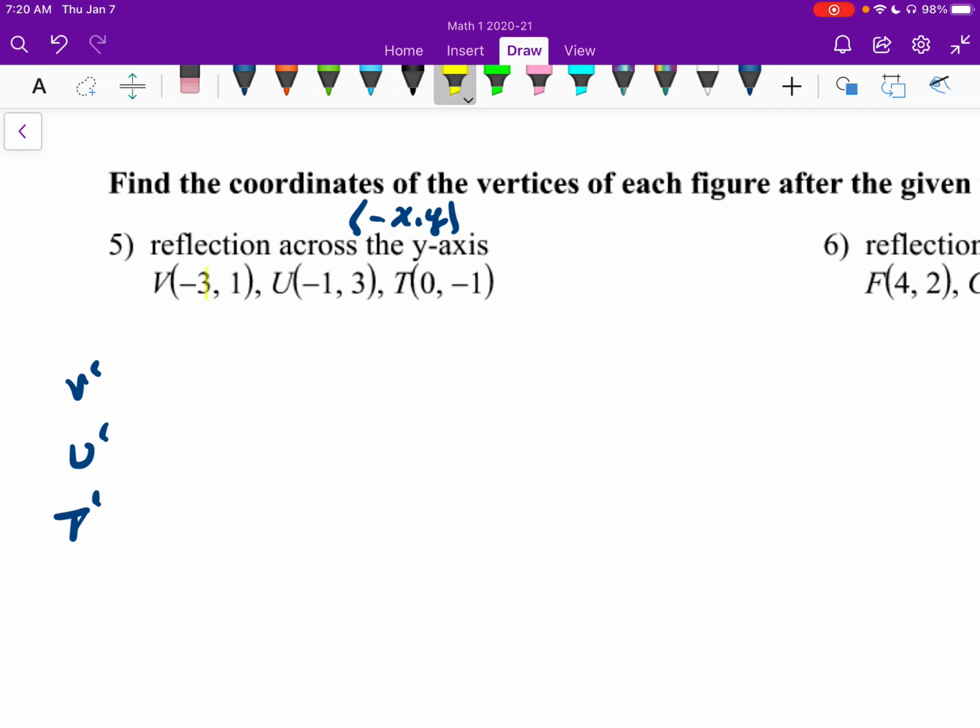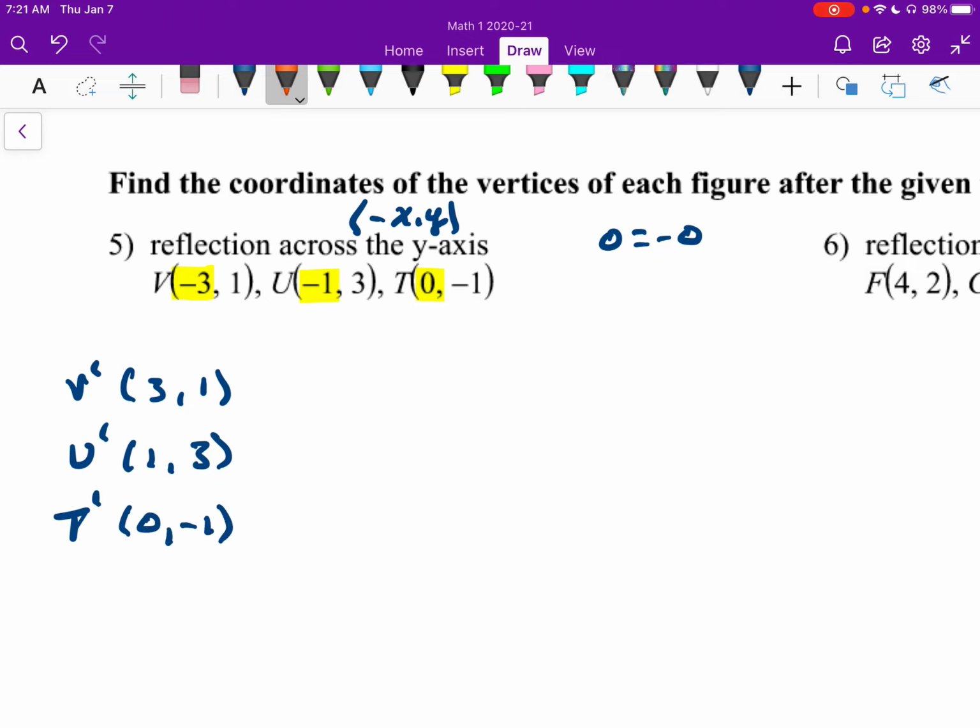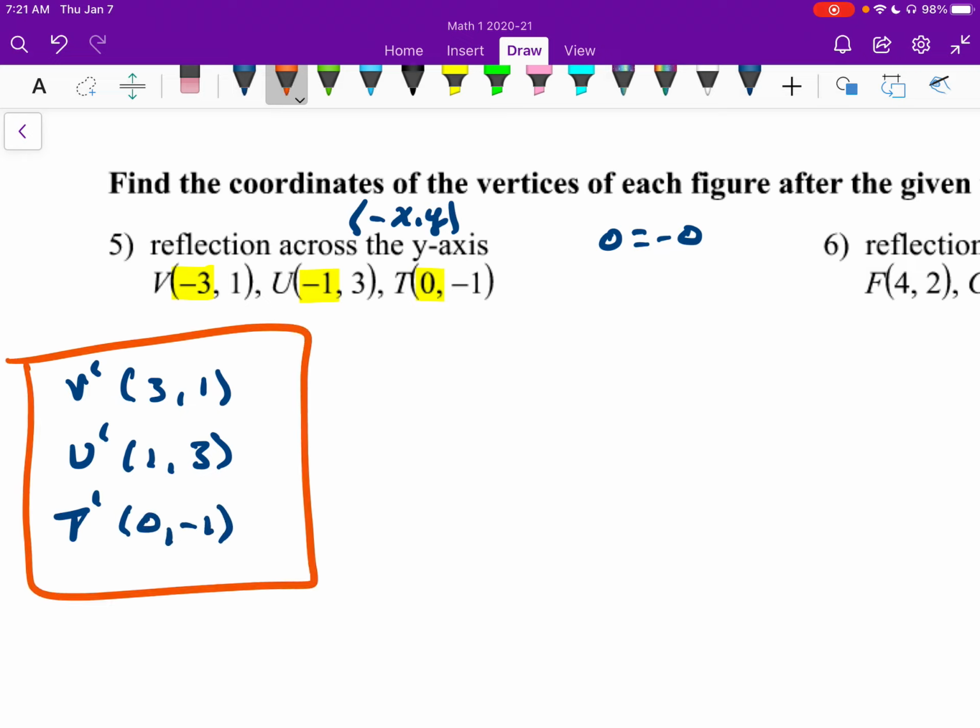So our x values in these are 3, negative 1, and 0. So negative 3 will turn into positive 3. Negative 1 will turn into 1. And I think I said in one of the other videos that anytime you have 0, if you reflect and you have 0, it just stays the same, right? You could say, well, 0 is equal to negative 0, so they have to stay the same. And there's your answer.